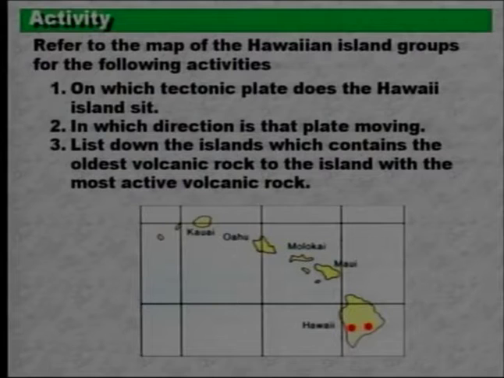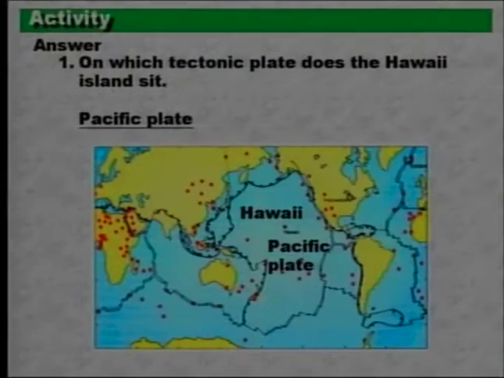I think that is easy and straightforward. Val, your answer? The Hawaii plate sits on the Pacific plate. Okay, the Pacific plate. The Hawaiian Islands sit on the Pacific plate. Okay, thank you, Val. We move on.